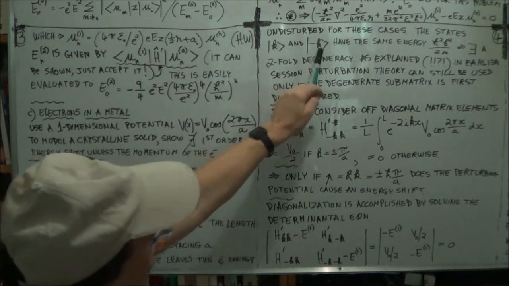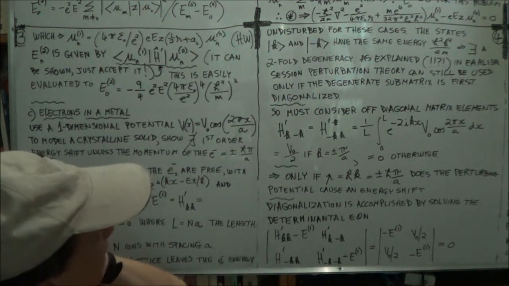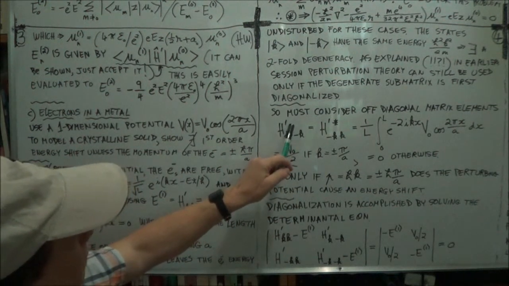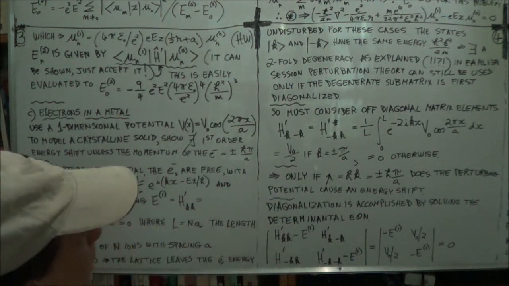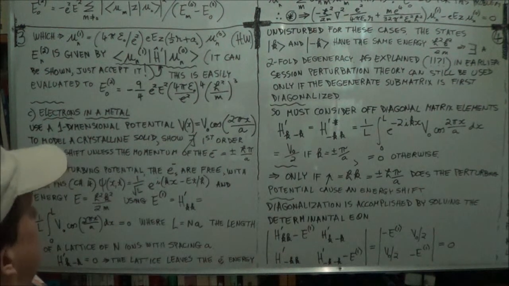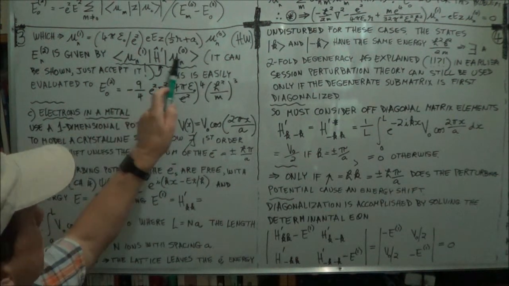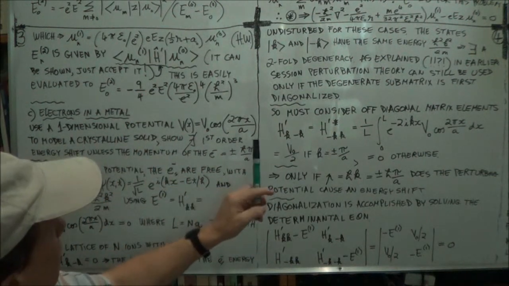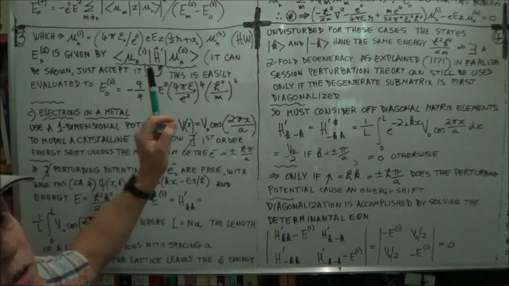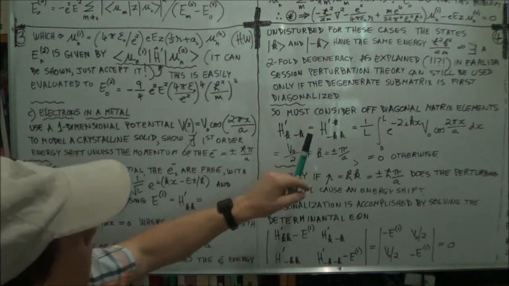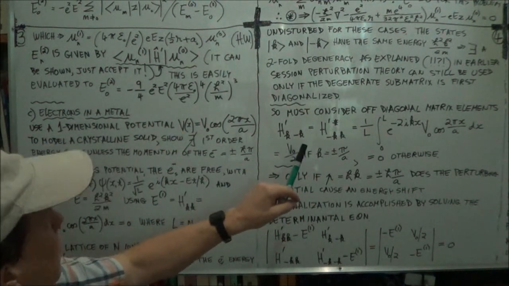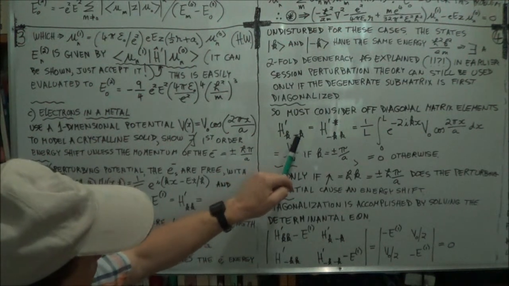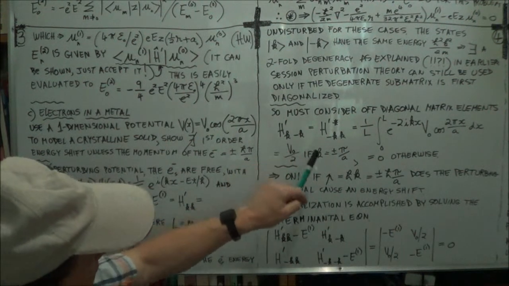Right. But we have two eigenfunctions that are degenerate, right? So we can use those two here, like this, in finding the perturbed energy. We can have the bra K and the ket minus K, this kind of thing, for the H bar.